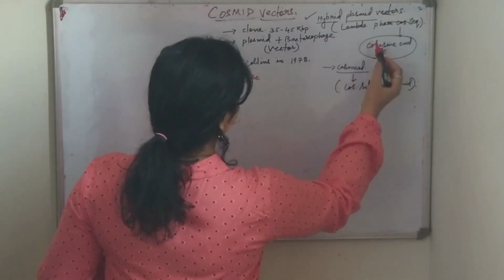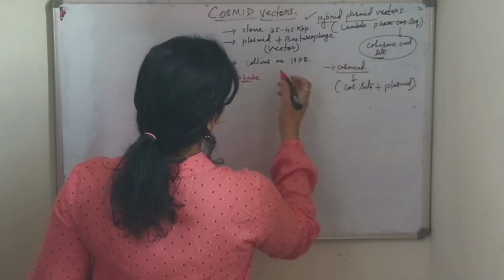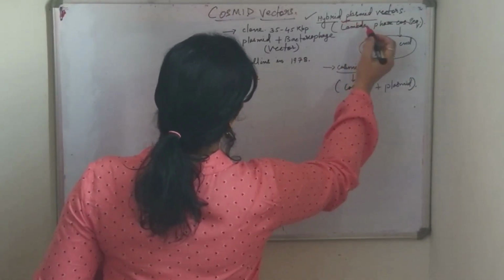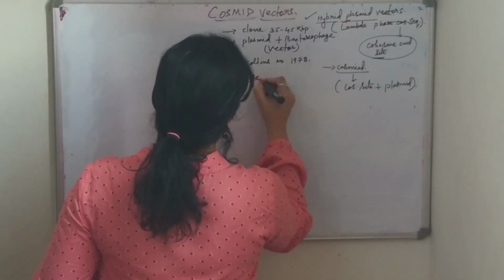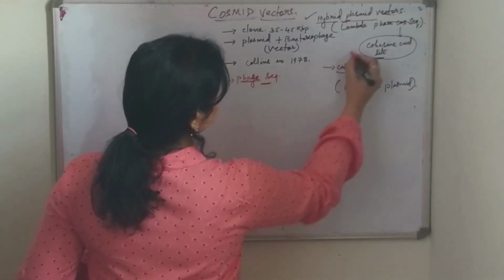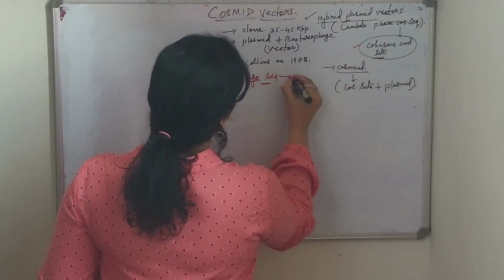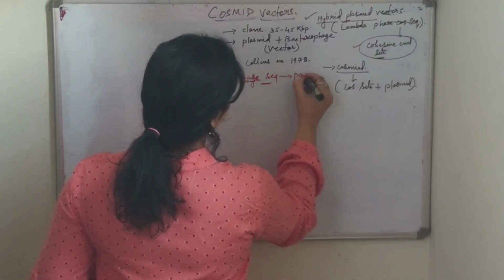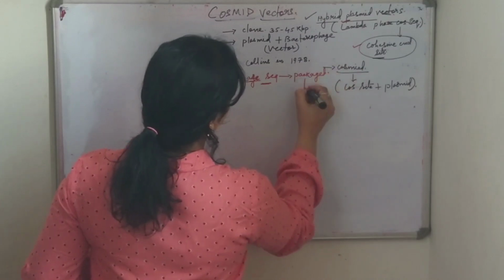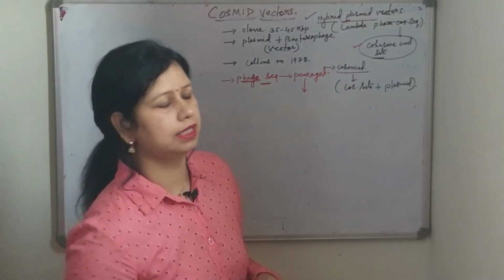Now this cosmid vector is a hybrid plasmid vector that contains phage sequence. And what is that phage sequence? Cos site phage sequence that allows the vector to be packaged and transmitted to bacteria.